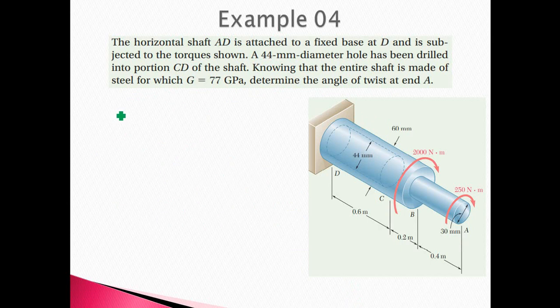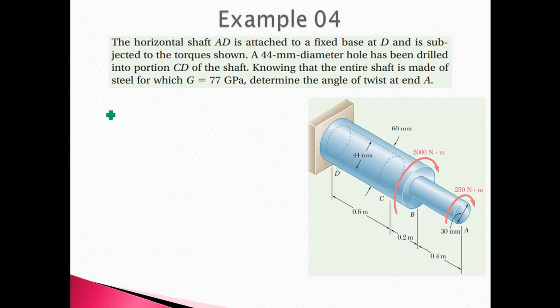A 44 mm diameter hole has been drilled into portion CD, so the shaft at portion CD is hollow. Knowing that the entire shaft is made from steel, for which the modulus of rigidity G is equal to 77 gigapascal, determine the angle of twist at end A.